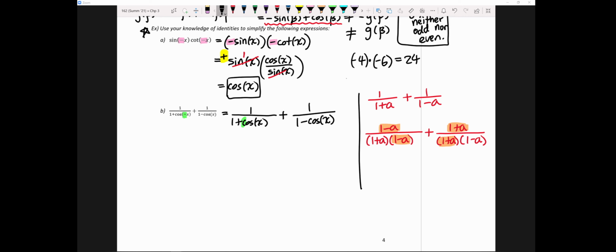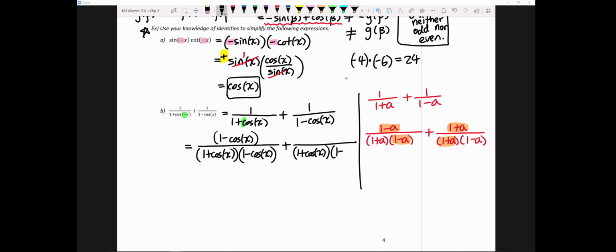Okay, let's do the same thing for our problem. The first fraction is missing 1 minus cosine of x. So you need to multiply that into top and bottom. The second term is missing the 1 plus cosine of x.